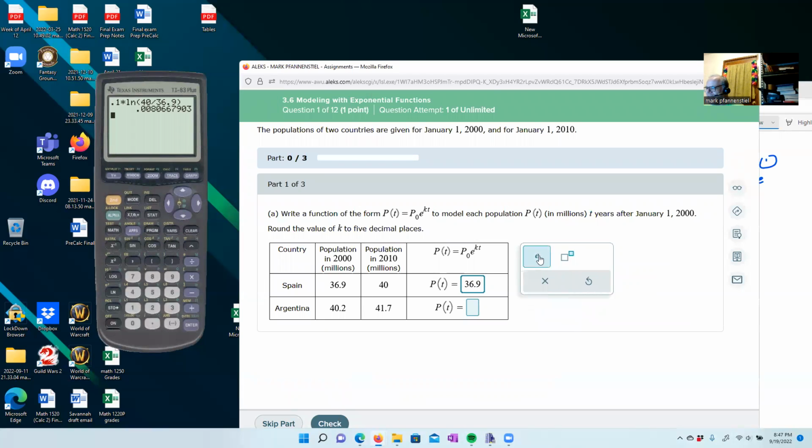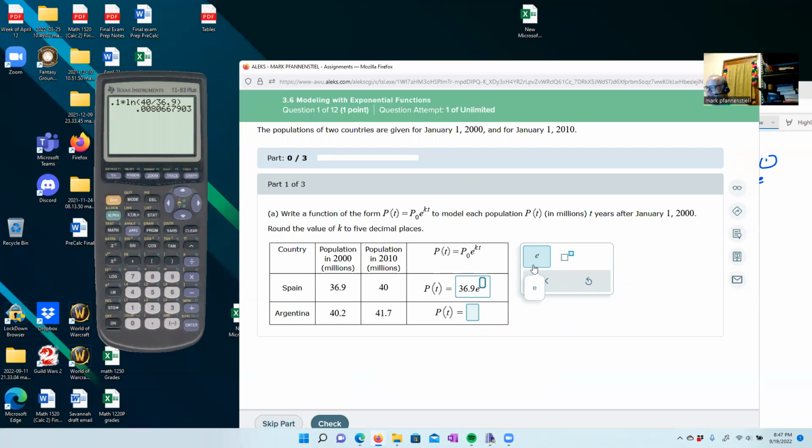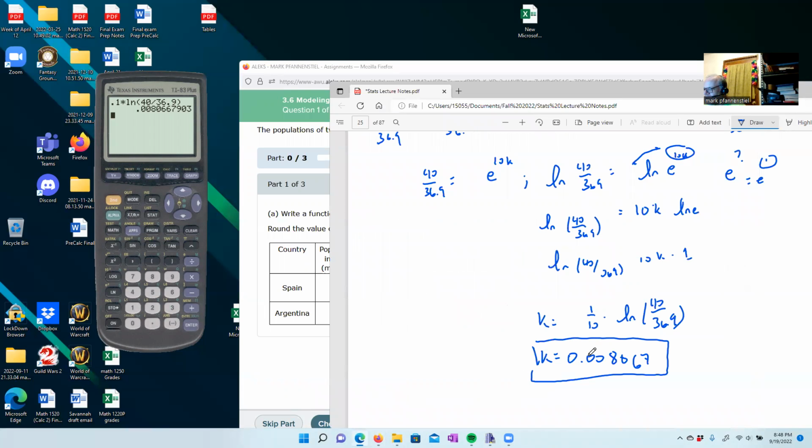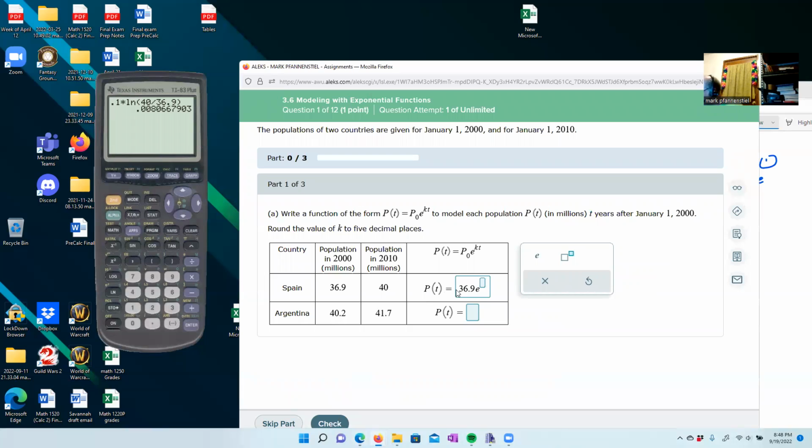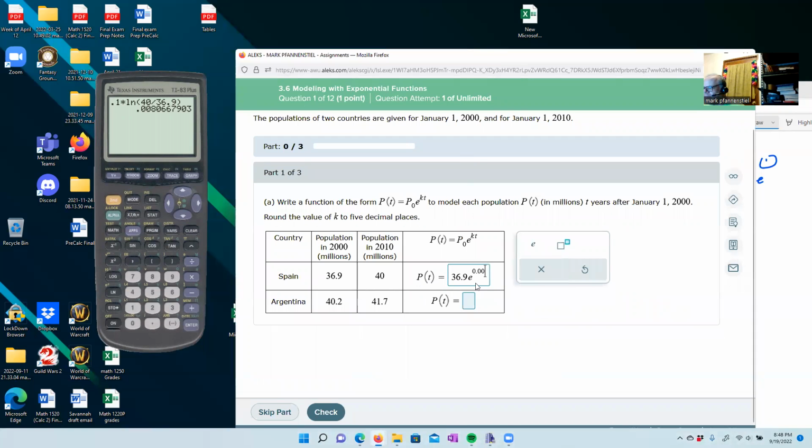Notice when you have an e, it's usually going to be e, and then we're going to use this caret button, and then we have whatever we just wrote down, 0.008066 and so on.